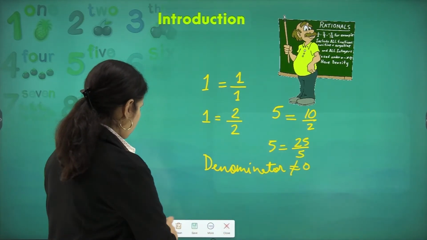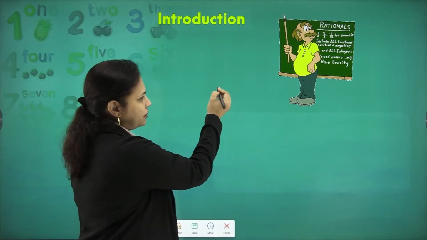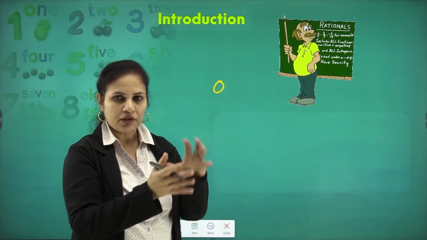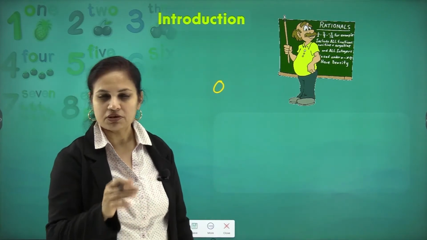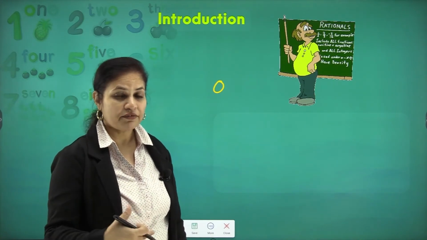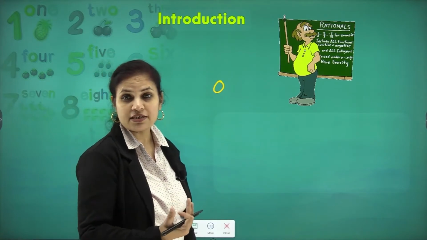Now let's take a whole number, starting with the whole number 0. 0 is the only exclusive whole number in the set of whole numbers and natural numbers. So, can 0 be represented in the same way as we have represented a natural number in the form of numerator and denominator? Yes, it can be.